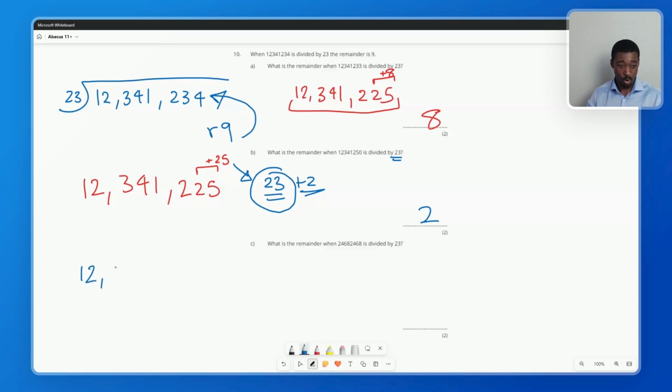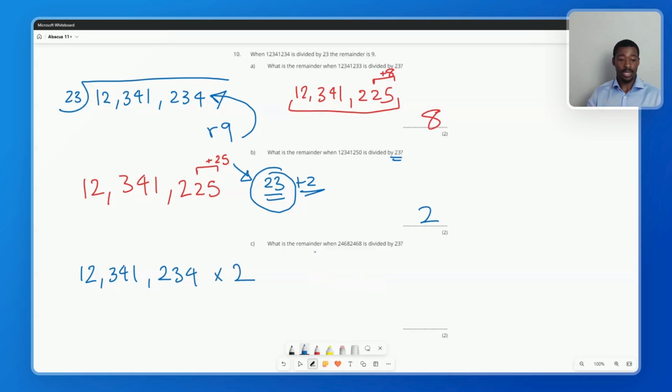Or in other words, it's 12,341,234 multiplied by 2.